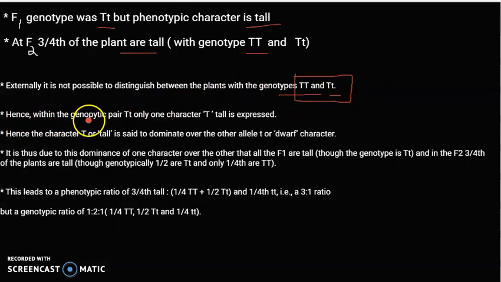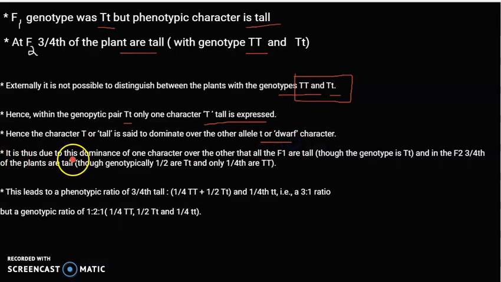And hence, within the genotype pair capital T, small t, only one character, called tall, is expressed. Hence, the character T or tall is said to dominate over the other allele, small t or dwarf character.